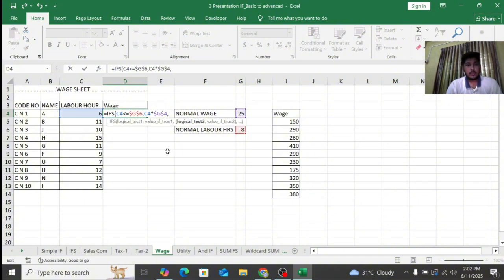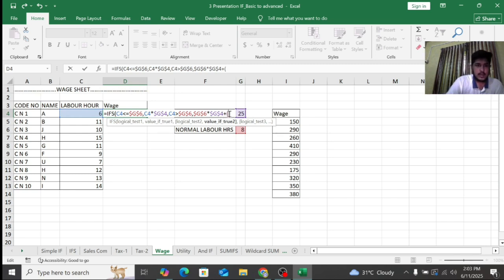If our labor hour is greater than the normal labor hour, in that case our condition will be labor hour into general labor pay, plus the difference between general labor hour and overtime.